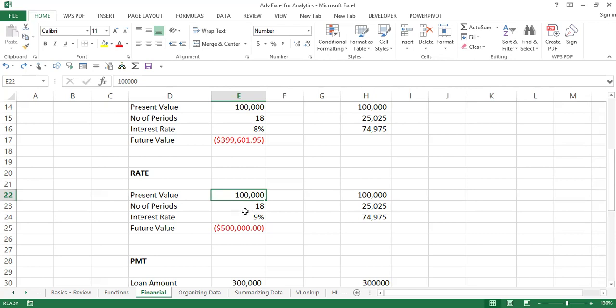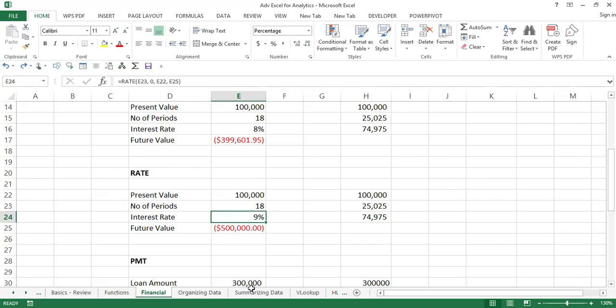The period is known. It's like somebody takes a loan of 100,000 for 18 years at 9%. What is the future value? In other words, how much will the person pay after 18 years? That's what this is talking about.